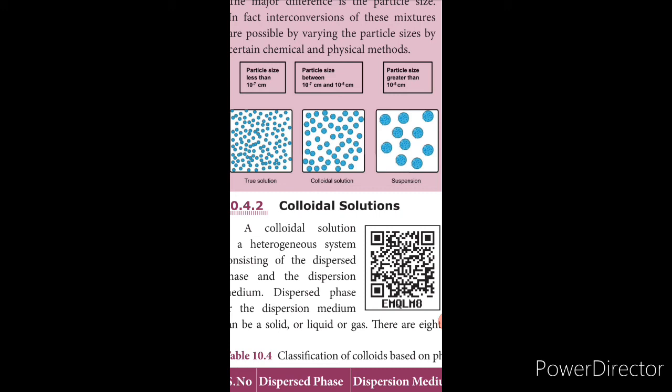The next is the colloidal solution. Colloidal solution example is starch and water. When you mix starch and water, you get a cloudy mixture, isn't it? So that is called colloidal solution. The particle size is between 10 to the power of minus 7 centimeter and 10 to the power of minus 5 centimeter.